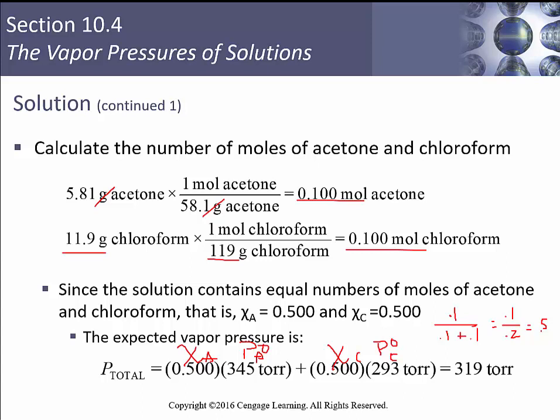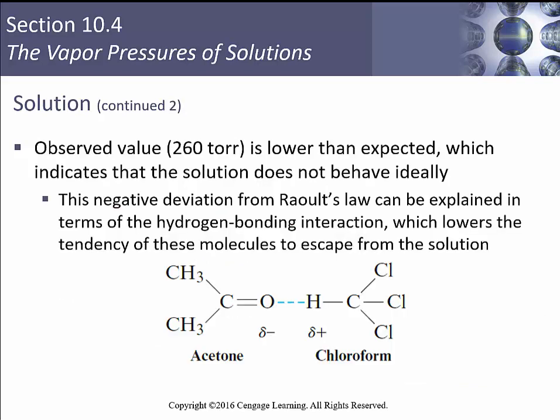So 0.5 times 345 plus 0.5 times 293 gives us 319 torr. So our observed pressure, 260, is less than our expected 319 torr, right? Which indicates the solution, one, doesn't behave ideally.